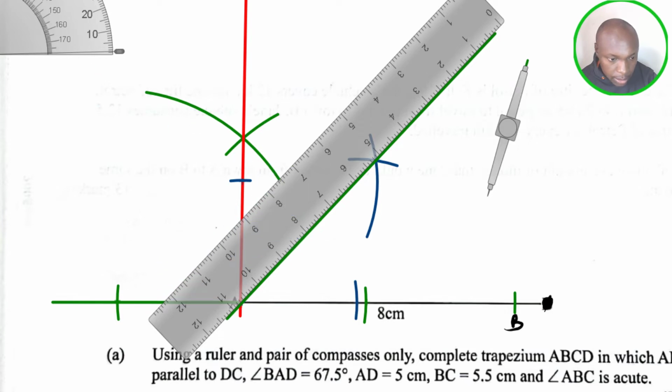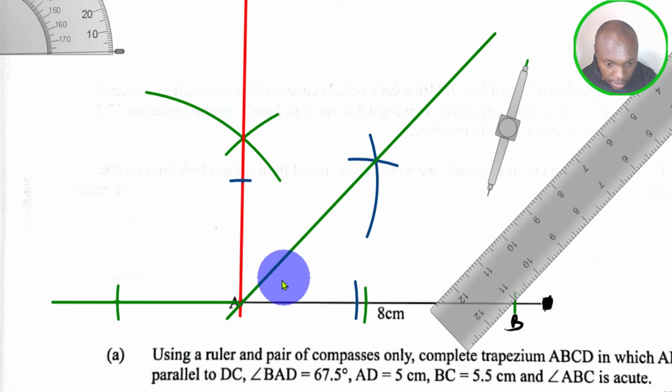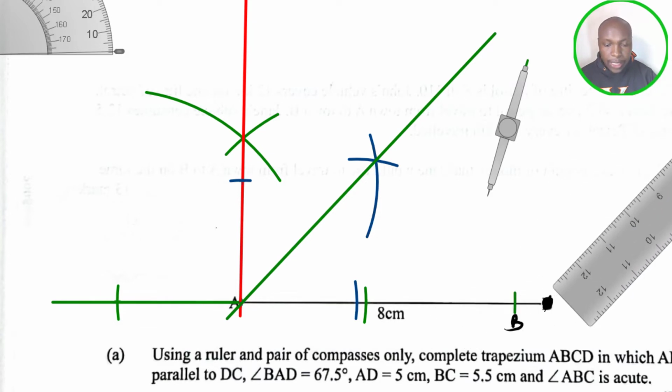So that is the line bisecting this angle. So this angle is 45 and this one is 45. This angle is 45, this one is 45. So now I need 67.5 at this point. Having this as 45, if I bisect this angle that is here, I'll get 22.5. So therefore I have to take this 45 and add 22.5. So 45 plus 22.5, you get 67.5.